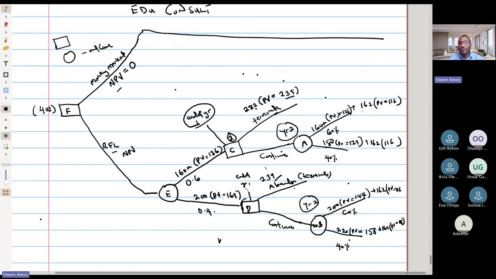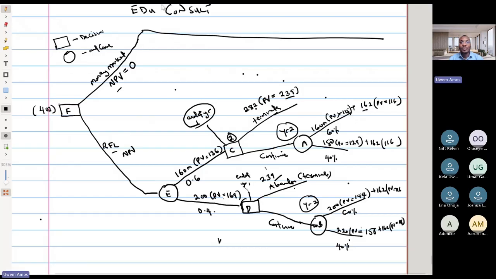If you did not collect this 282 in year 1, you end up collecting 162 in year 2 if you choose to continue. The same thing applies to all of these. So wherever you have a square, it's a decision point. Whenever you have a circle, it is the outcome of your decision.